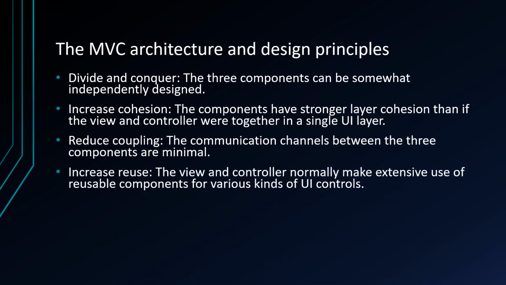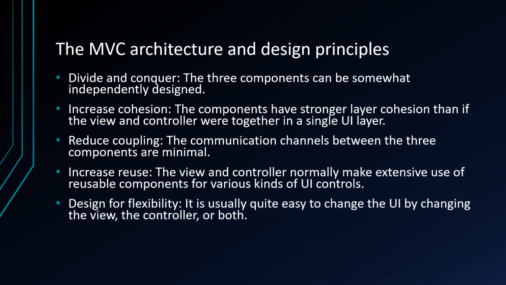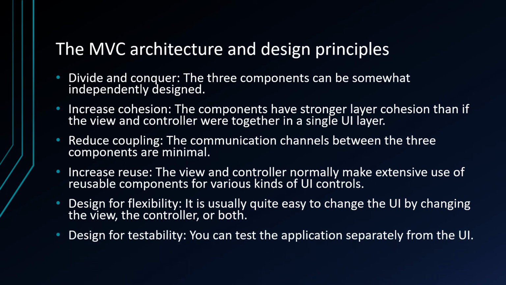Increased reuse: the view and controller normally make extensive use of reusable components for various kinds of UI control. Design for flexibility: it's usually quite easy to change the UI by changing the view, the controller, or both. Design for testability: we can test the application separately from the UI.